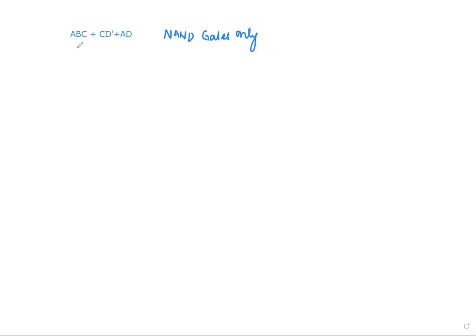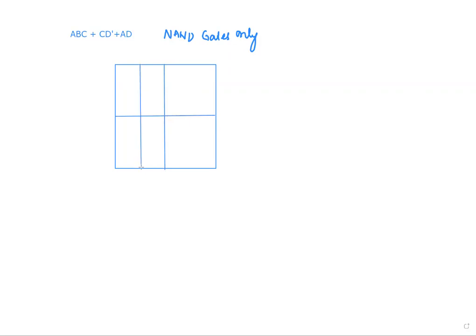First of all, we don't know whether this expression is minimized or not. So the good thing is to go for a K map. You already know the K map is divided in two portions, and then further two portions.